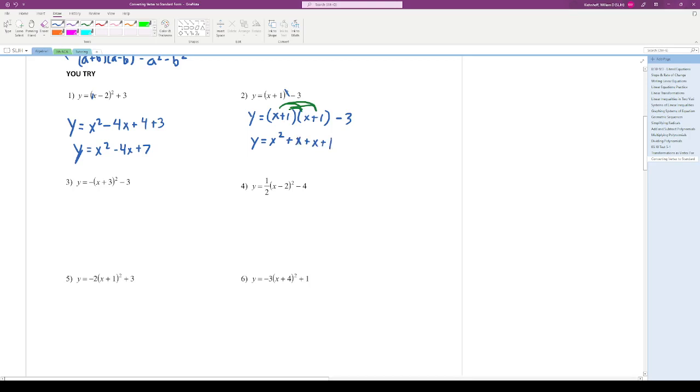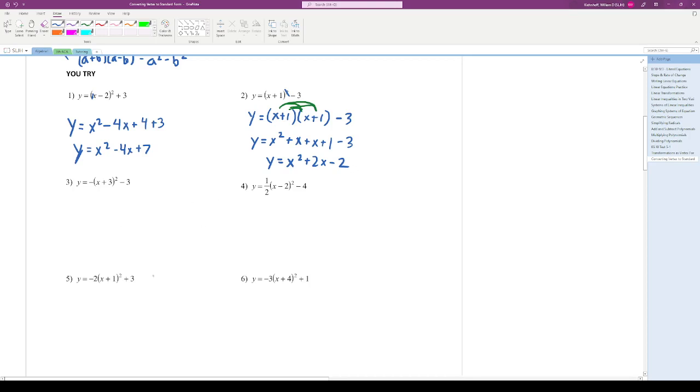So those are the 4 terms I get out of my double distribution, minus 3. And then combining my like terms in the middle, we get y equals x squared plus 2x minus 2. So again, that one wouldn't factor, so we don't do anything else with it. And it doesn't ask us to here anyways.